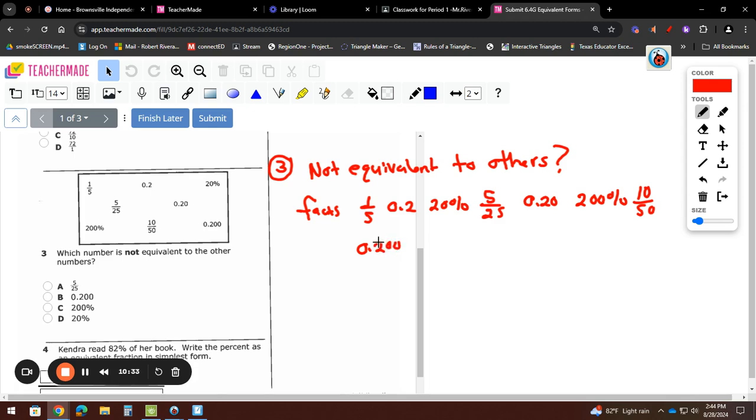Okay? So we have a bunch of them, right? And they basically want to know which one is not equivalent to the others. Like one of them from all these will not be equal to the others. So the best thing to do here, the strategy, would be to change everything to decimal.